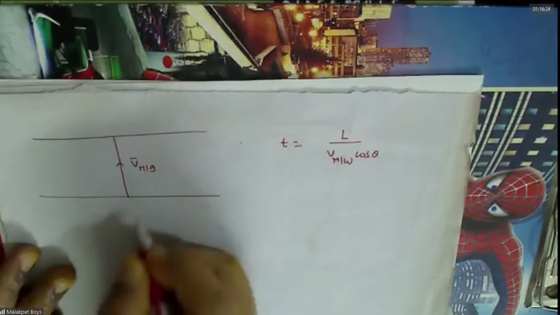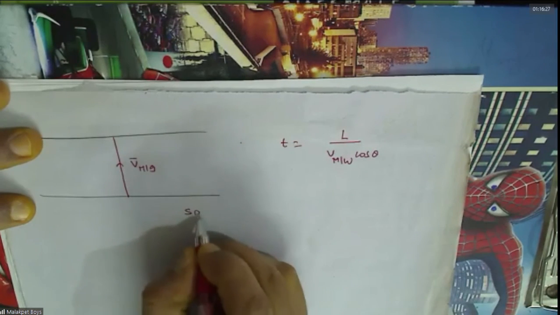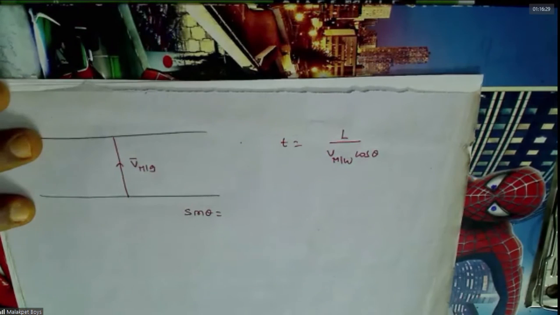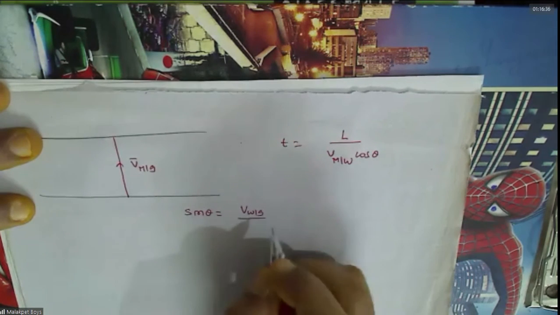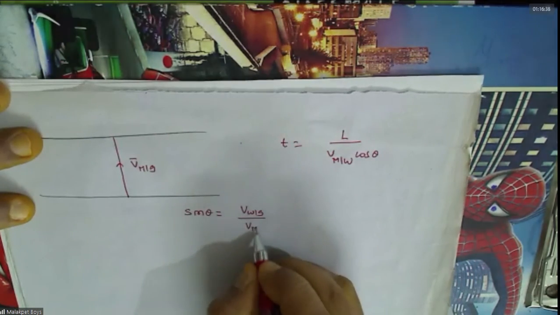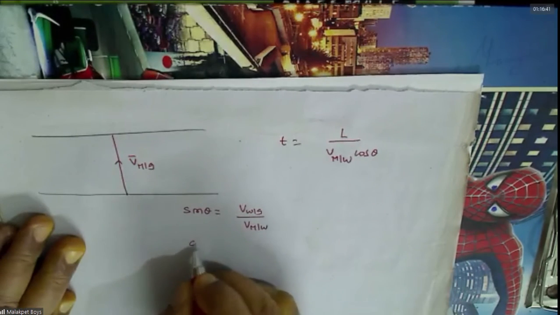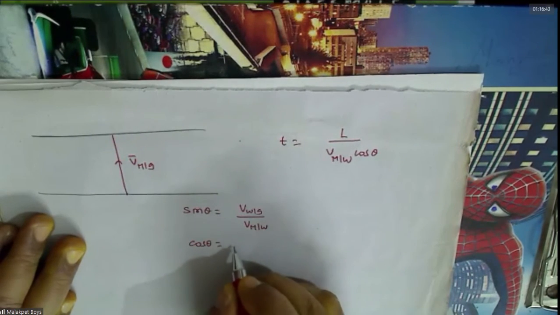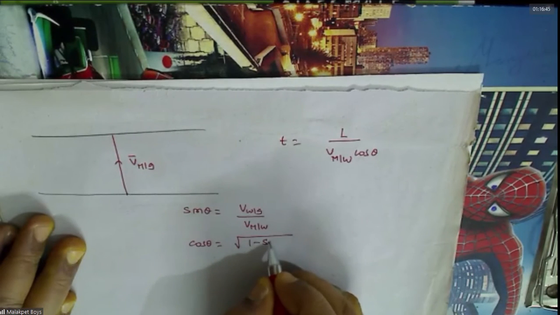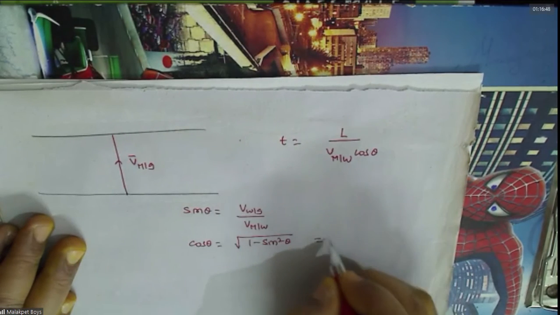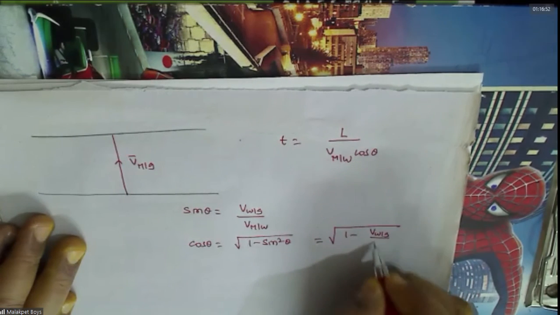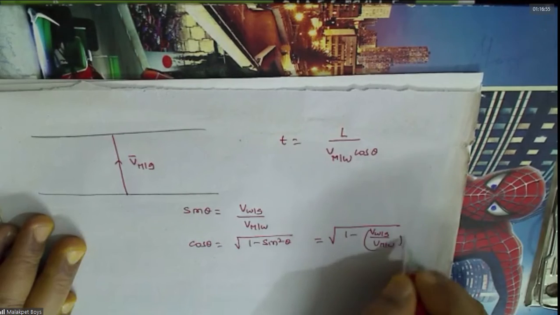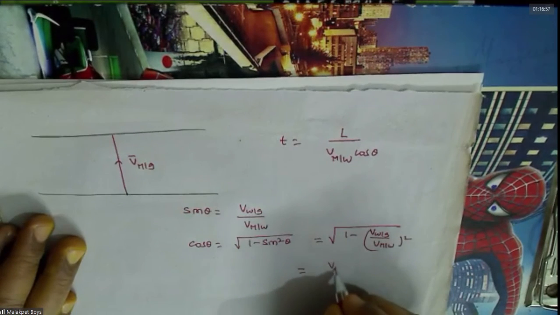Now you got sine theta. What is sine theta? Velocity of water with respect to ground by velocity of man with respect to water. So what is cos theta, man? Root over 1 minus sine square theta.